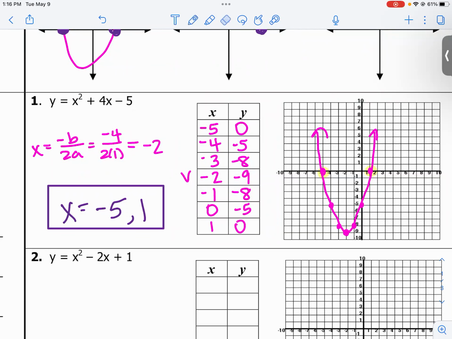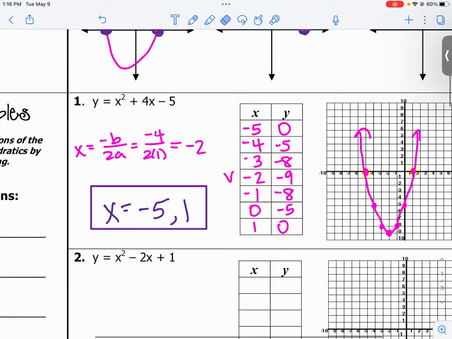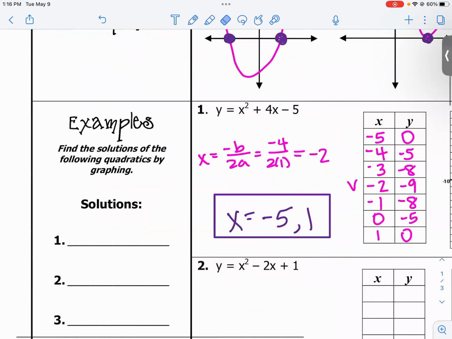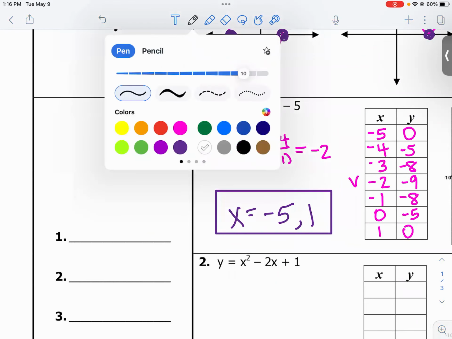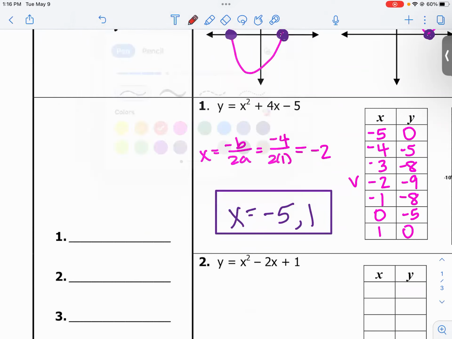Okay, so let's do this. Come over here. I don't know what's so funny, but stop. Okay, so let's say I set this equal to 0, and then what would you want me to do with this, Miss Amelia?